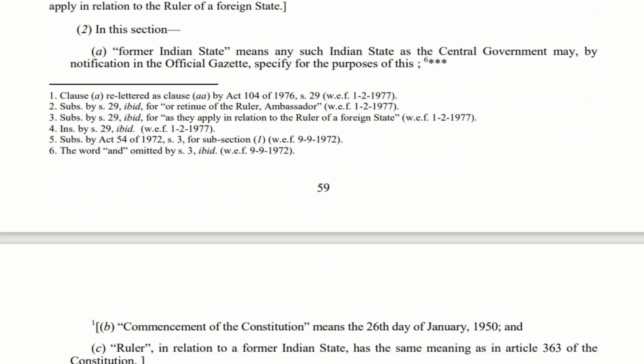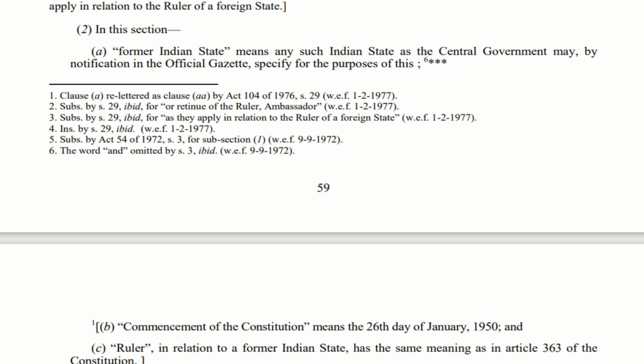The first point they state here is A, former Indian state. The simple aspect is that a state which is said to be a former Indian state by the central government in its official gazette.